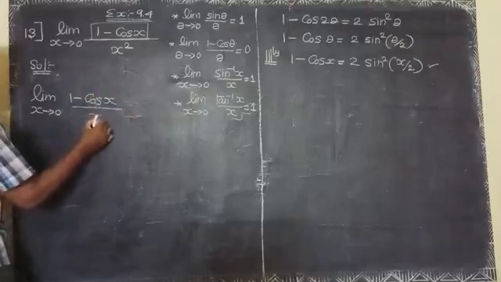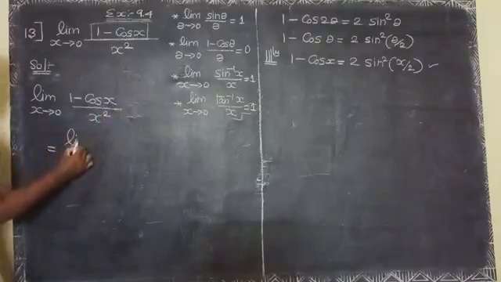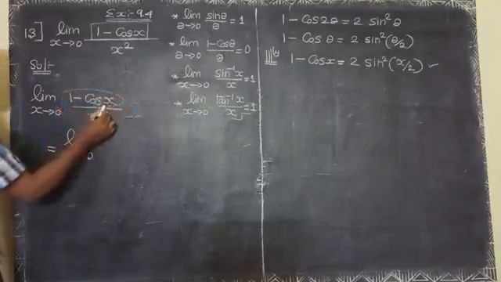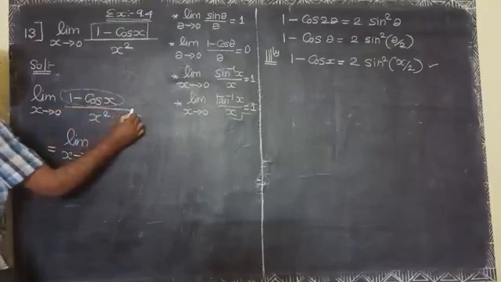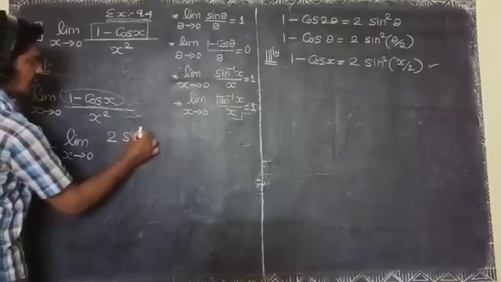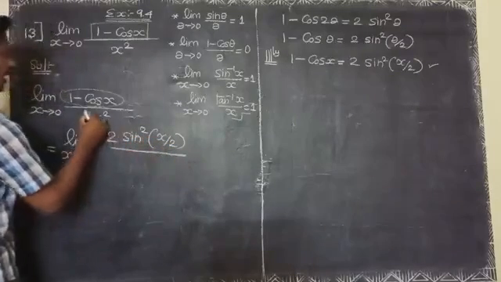divided by x square, which is equal to limit x approaches 0, 1 minus cos x, which can be written as 2 into sin square x divided by 2, divided by x square.